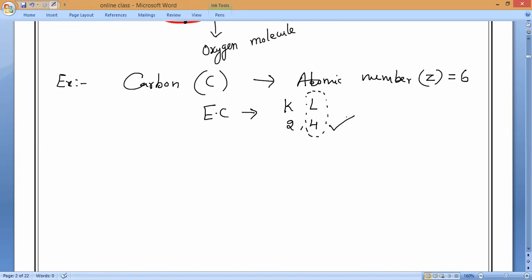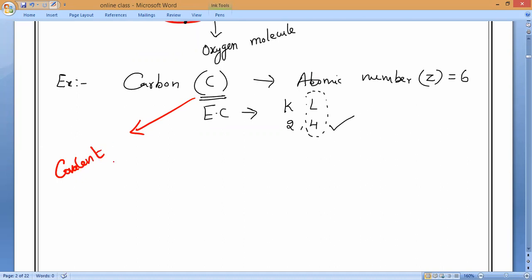Remember, the elements which have 4 electrons in their valence shell can only share their electrons to complete the octet, and they will form covalent compounds. Due to this reason, carbon always forms which compounds? Covalent compounds or ionic compounds?